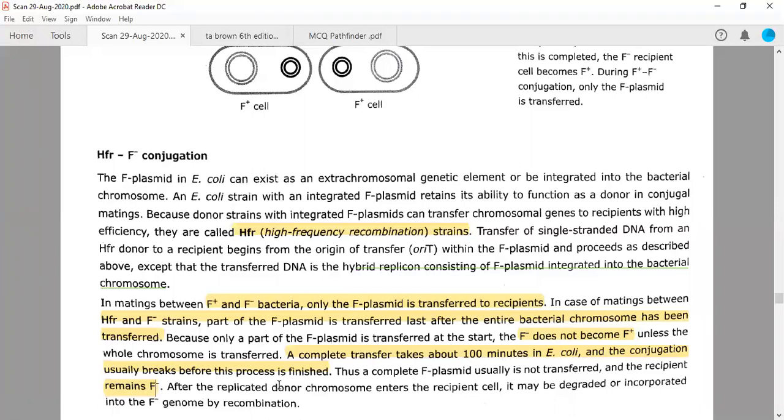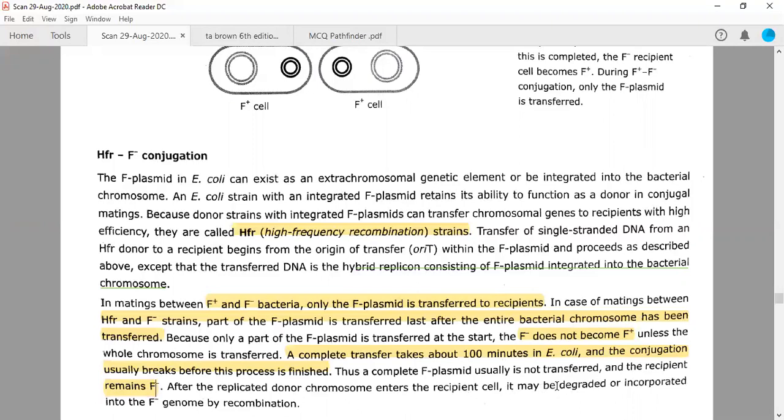So after the replicated donor chromosome enters into the recipient cell, it may be degraded or incorporated into the F negative genome by recombination. Homologous recombination is generally the process by which these genes or DNA molecules are integrated into the bacterial chromosome. So there are always two processes, and there is a competition between degradation and incorporation, right?